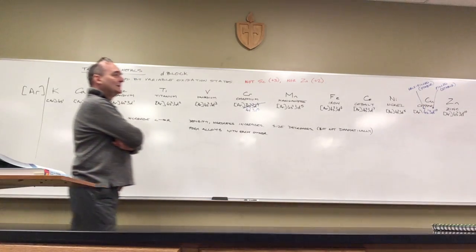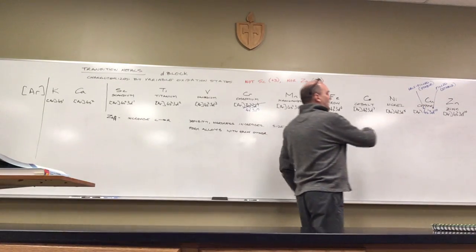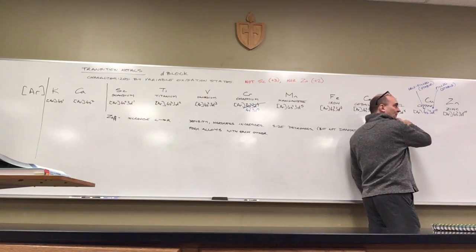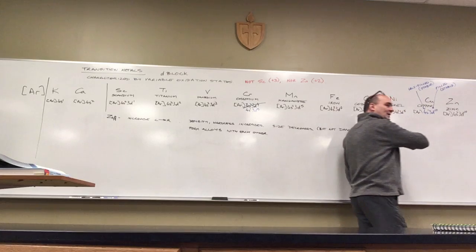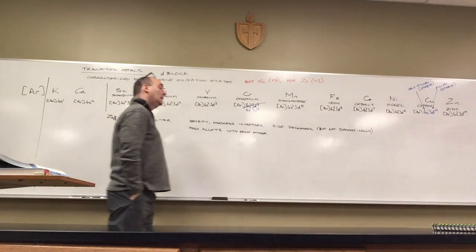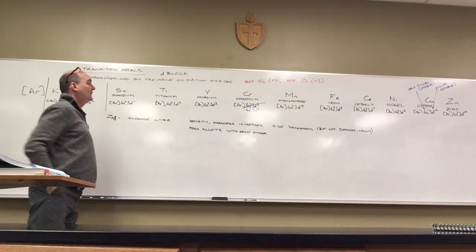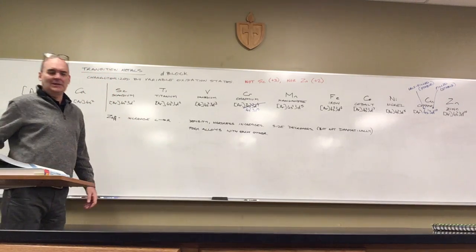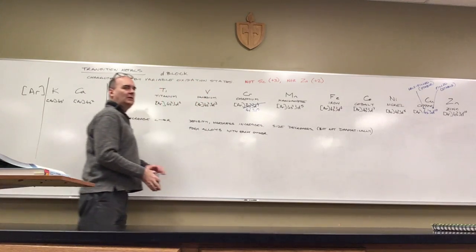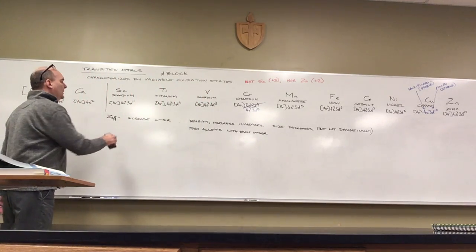Certainly, putting nickel into iron makes a strong steel. Putting zinc into iron makes it resistant to rusting. So there's a whole bunch of things that are slightly outside the realm of chemistry, because we're into metallurgy and engineering now.